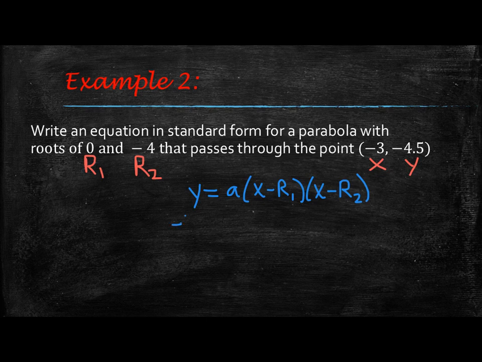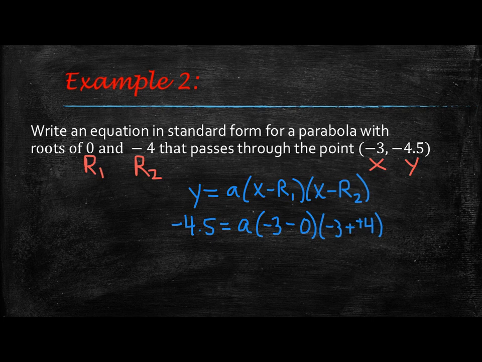Our y is -4.5 equals a, we don't know, x is -3, and then we have minus r1, so that would just be minus 0, and then x again, -3, minus r2, which is a -4. Okay, minus negative turns that into a positive.